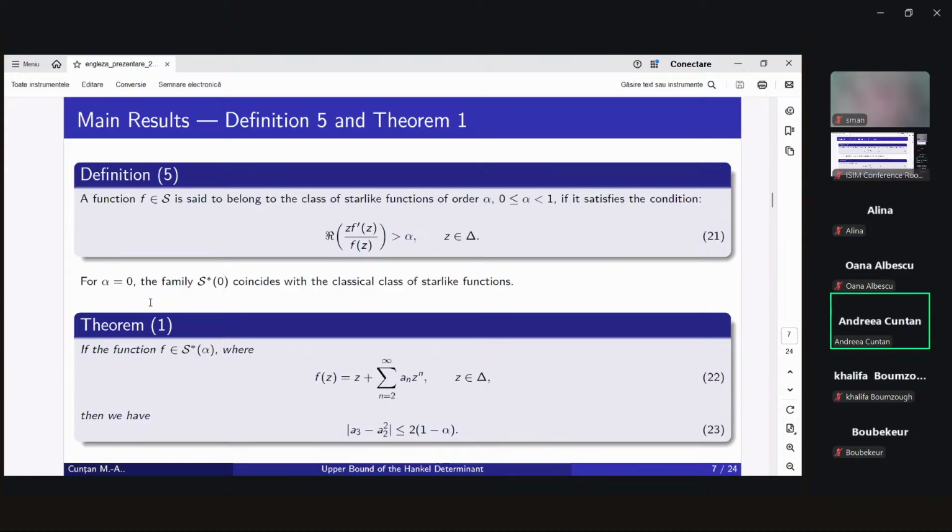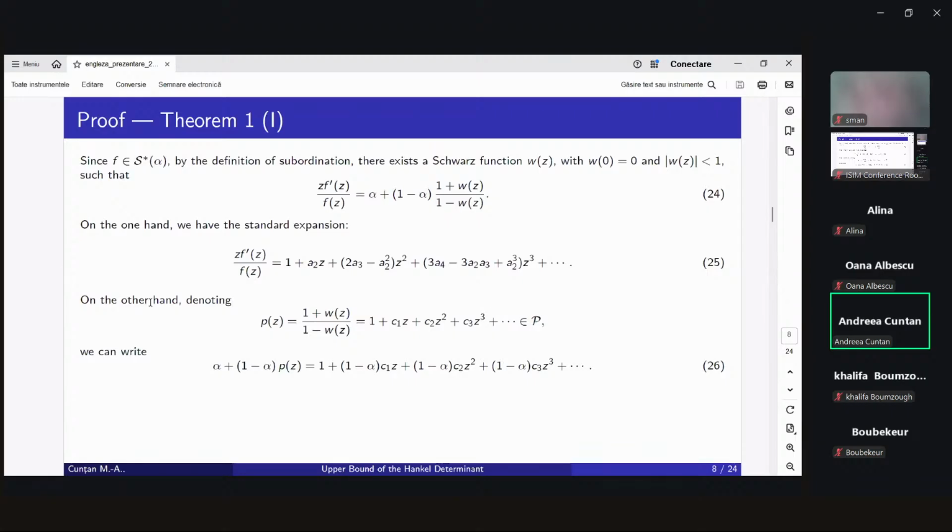For alpha equals 0, the family star-like 0 coincides with the classical class of star-like functions. Theorem 1: if the function f belongs to star-like alpha, where relation, then you have the next equations.